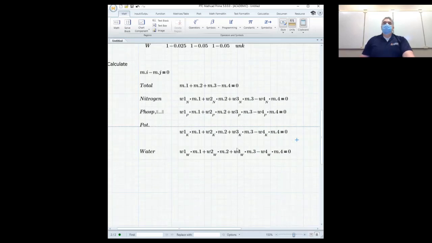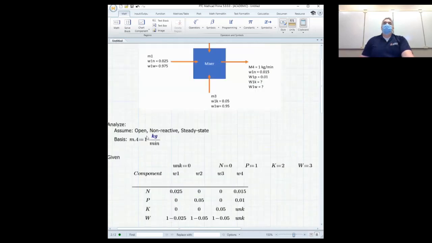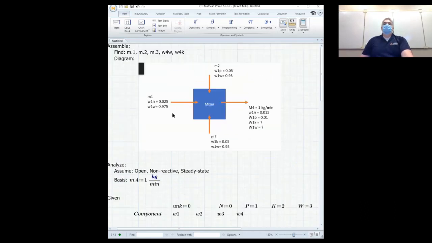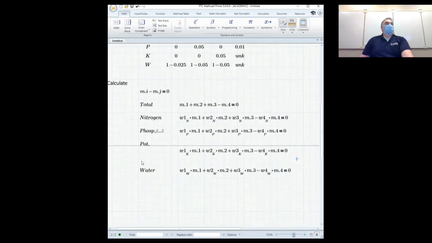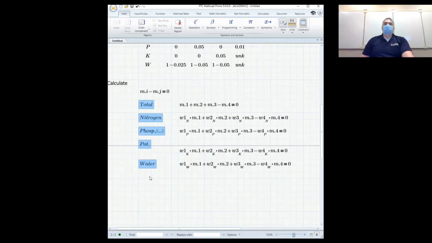All right, so there's 5 equations. Did I say there's 5 unknowns and there's 5 equations? And so you'd think that we're ready to go. Except if you look really close, of these 5 equations, there's only 4 independent equations.